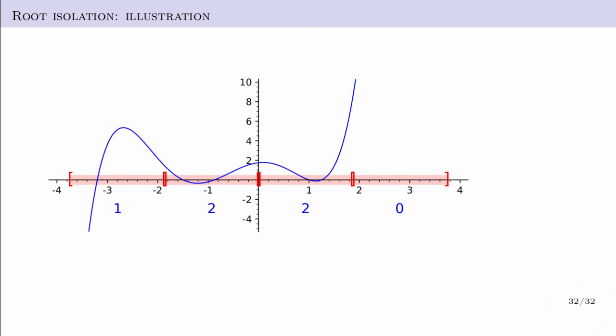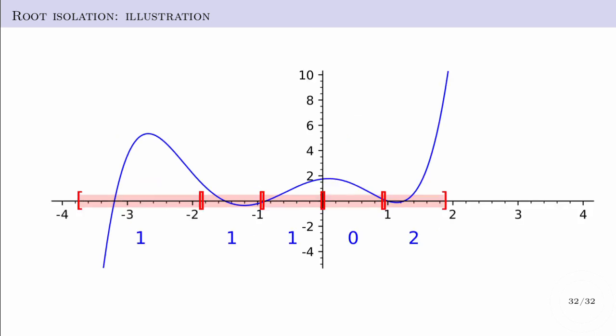So in the next iteration, we discard the rightmost interval. We leave the leftmost interval since it already isolates a single root, and we split the two intervals in the middle. So in our next step, we have 5 intervals. The first 3 contain precisely 1 root each, so they are okay.